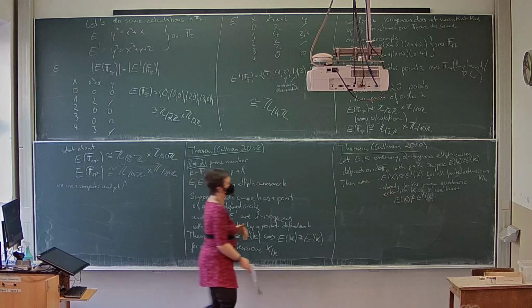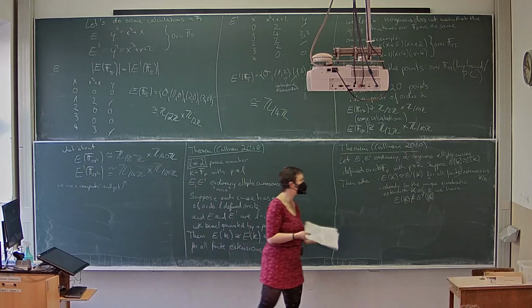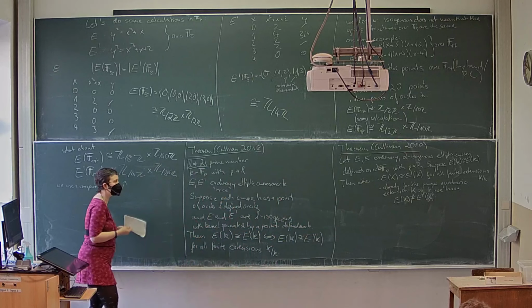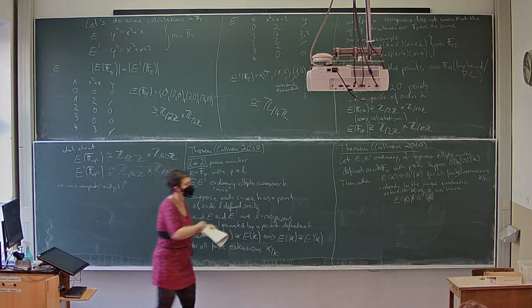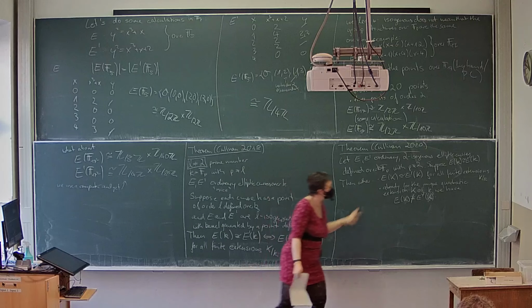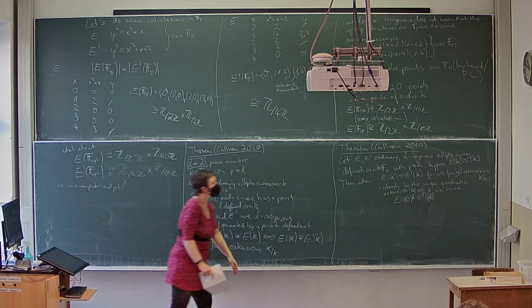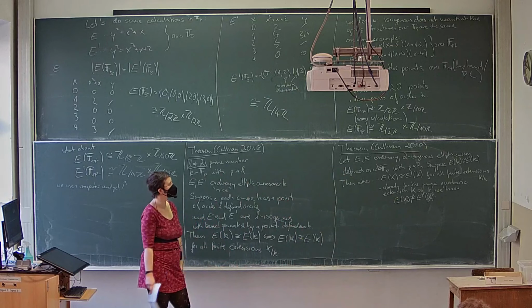So we don't have to do complicated calculations in large towers of fields, where we don't know where we finish. No, we know it's already the unique quadratic extension that we have to look at.